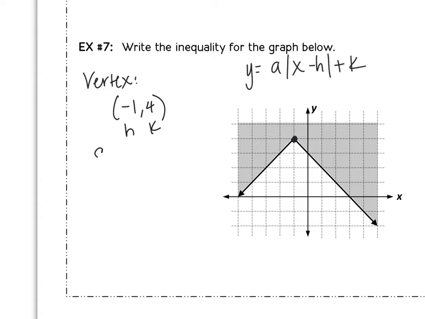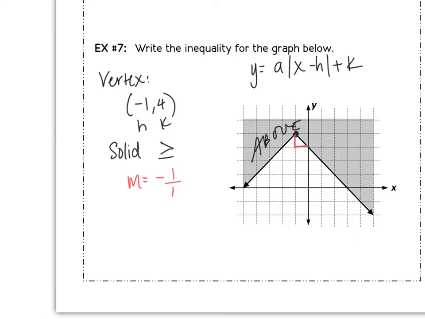It is a solid line, and you'll notice it is above the graph, so that means we're doing greater than or equal to. And if we look at the slope to double check, we see this one is going down and going over 1. So the slope here is going to be a negative 1. And we're going to plug it in.